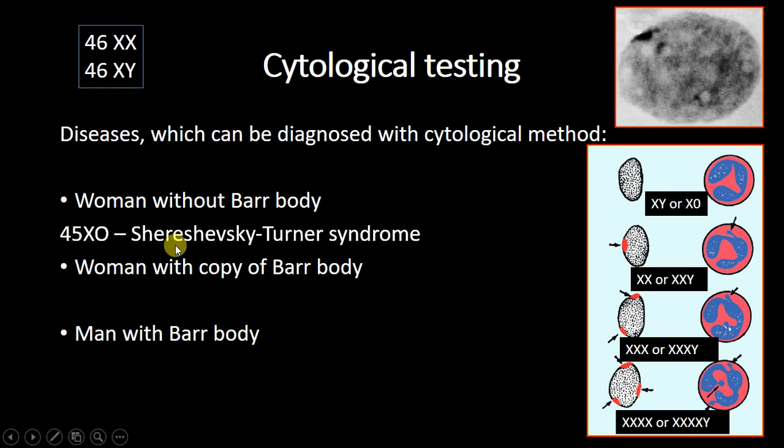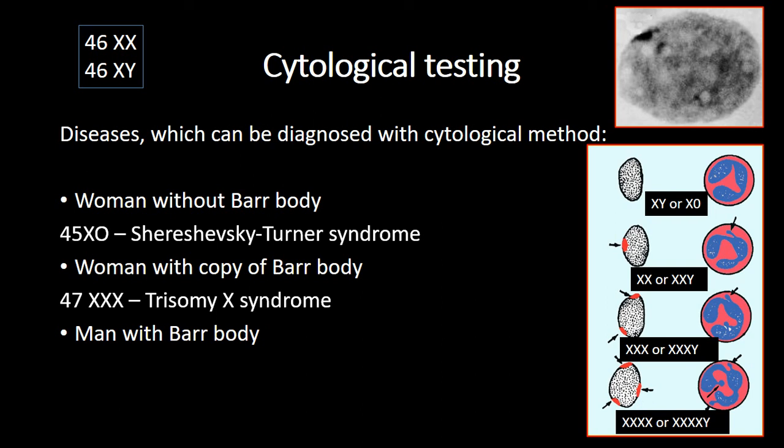The woman lost one X chromosome, so not 36 but 35. 35X0 chromosomes, Shereshevsky-Turner syndrome. A woman with a copy of a Barr body, the genetic formula will be 37XXX, and this syndrome is called trisomy X syndrome.